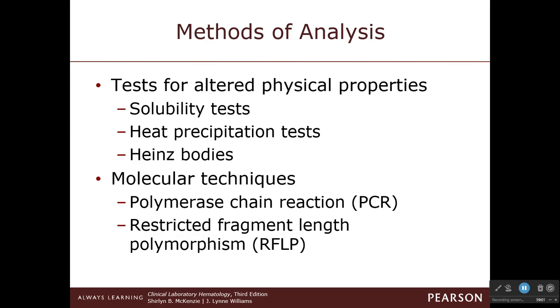There are also tests for the altered physical properties, so the stability and the solubility that we were talking about a while ago. Solubility test: basically, you put blood in a certain solution and you look for cloudiness. So it becomes a solid.